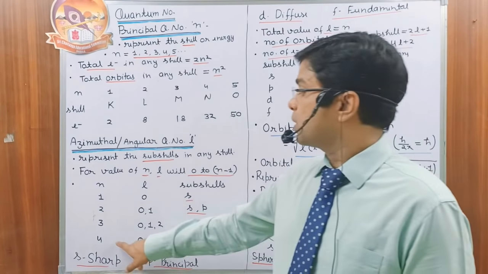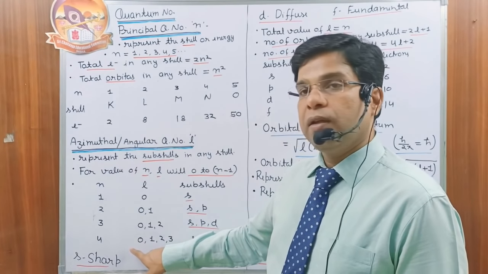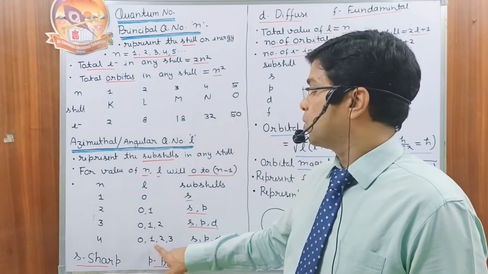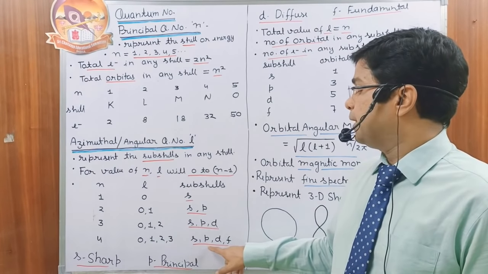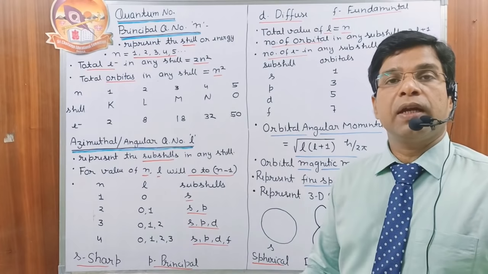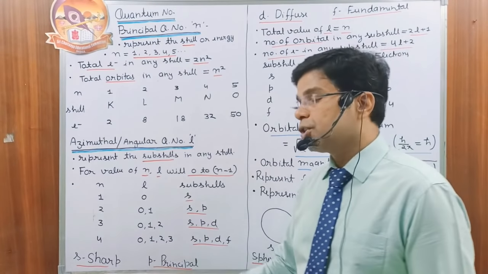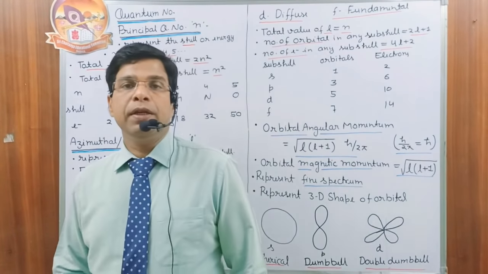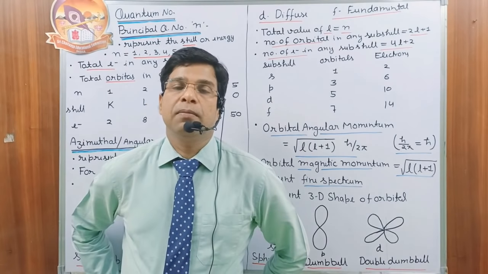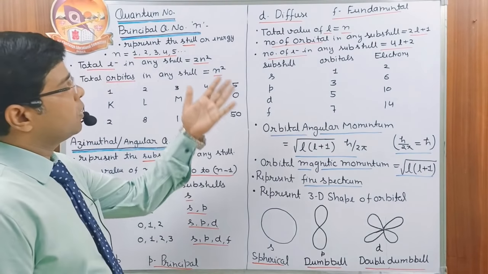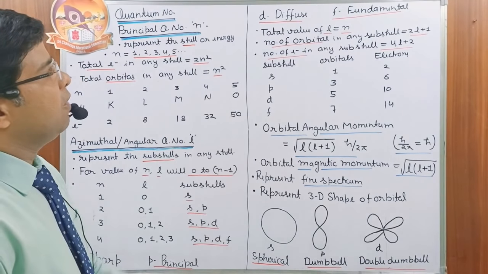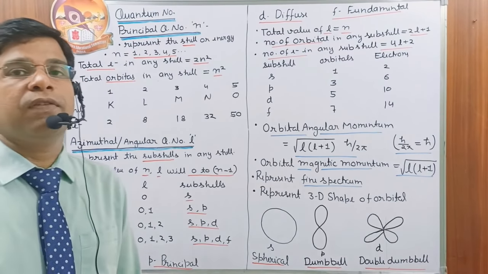In the fourth shell, l is 0, 1, 2, 3, meaning four subshells are present, s, p, d and f. Here s stands for sharp, p stands for principal, d stands for diffuse and f stands for fundamental.